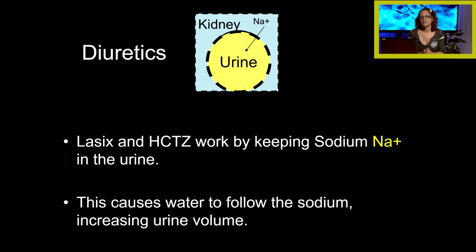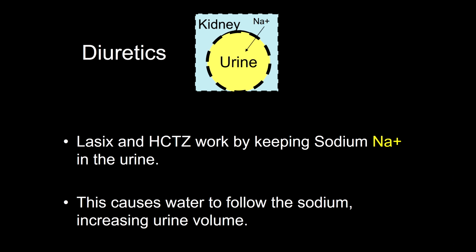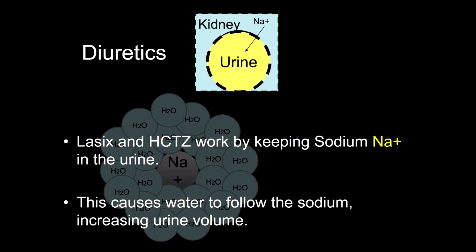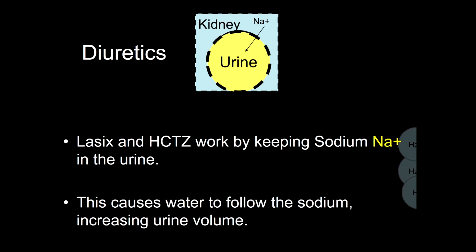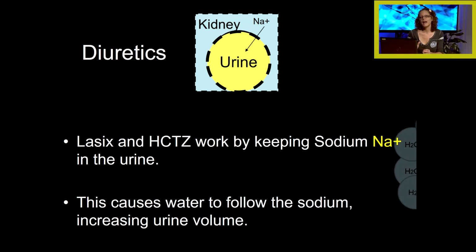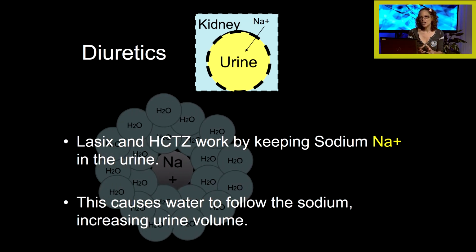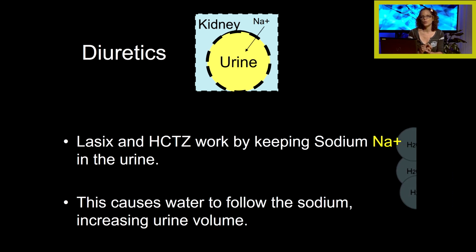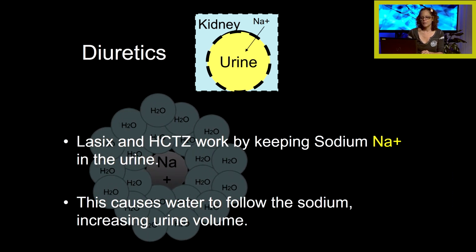So if we have a patient, let's say, who's retaining fluid, like in the case of congestive heart failure, we will give them Lasix, and what it will do is it will cause them to have to urinate frequently, because what they're doing is they're getting rid of excess fluid. Right? So we have to remember that water is attracted to the sodium, and it will follow the sodium out of the body.